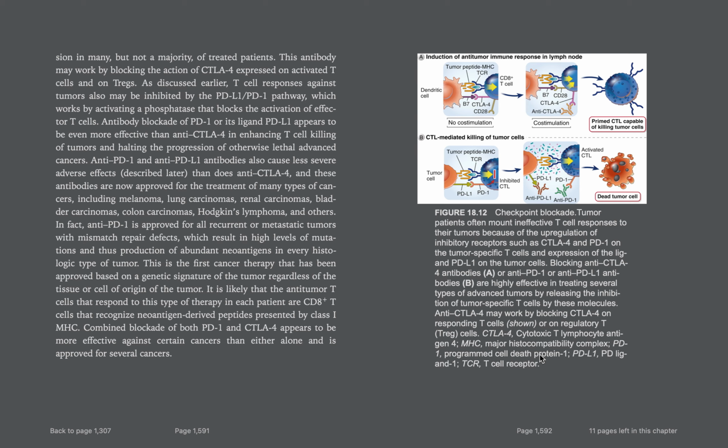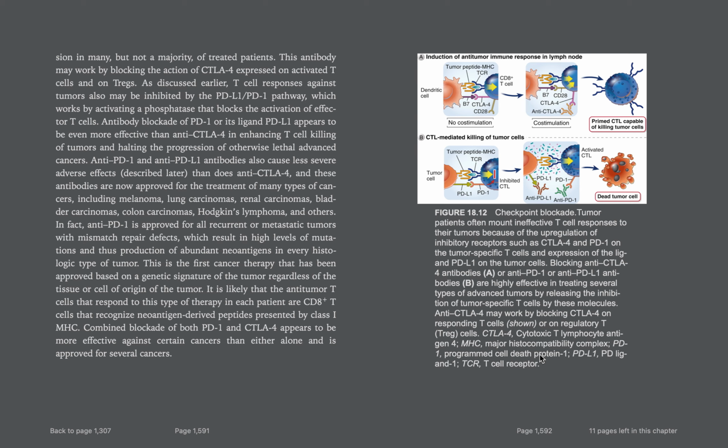In fact, anti-PD-1 is approved for all recurrent and metastatic tumors with a mismatch repair defect, which results in a high level of mutations and thus production of abundant neoantigens, in every pathologic type of tumor. This is the first cancer therapy that has been approved based on a genetic signature of the tumor, regardless of the tissue or cell of origin of the tumor.